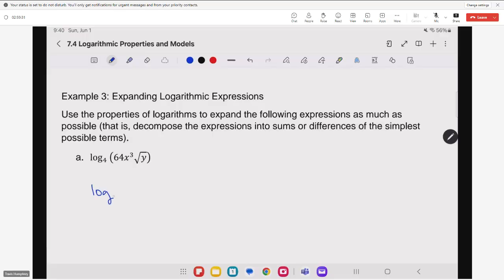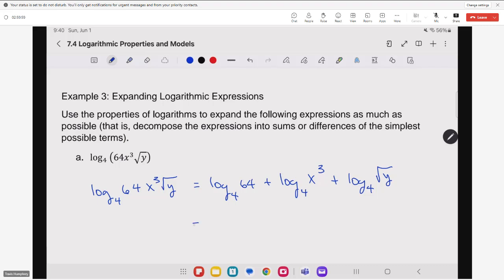That would be log base 4 of 64x to the third square root of y. That equals log base 4 of 64 plus log base 4 of x to the third plus log base 4 of the square root of y.